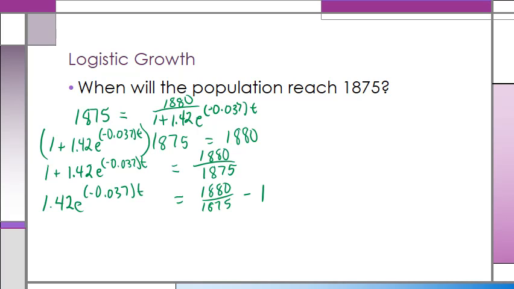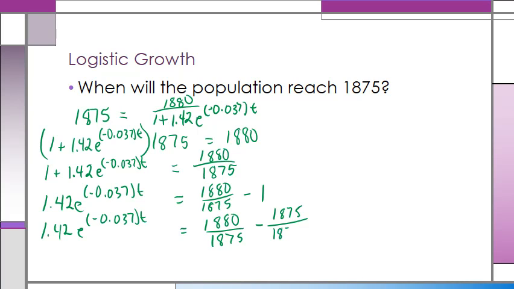So I could rewrite this then as 1.42e raised to the power of negative 0.037t equals 1880 over 1875 minus 1875 over 1875.